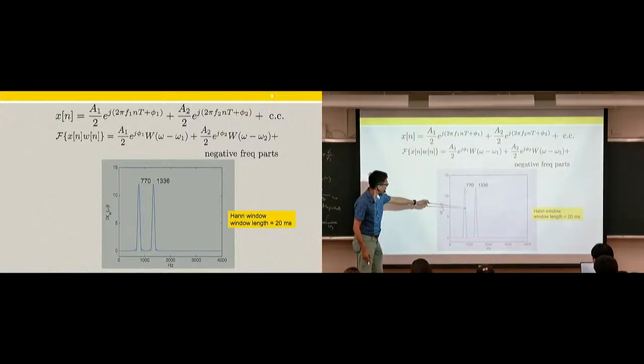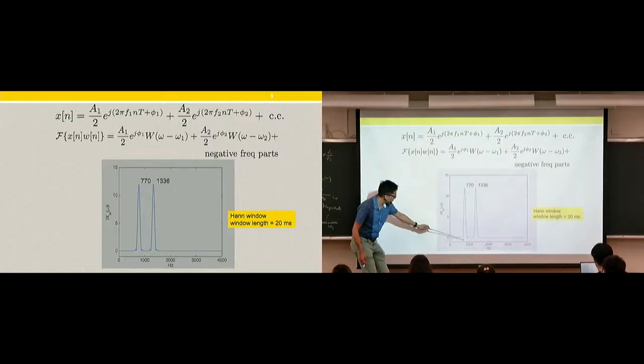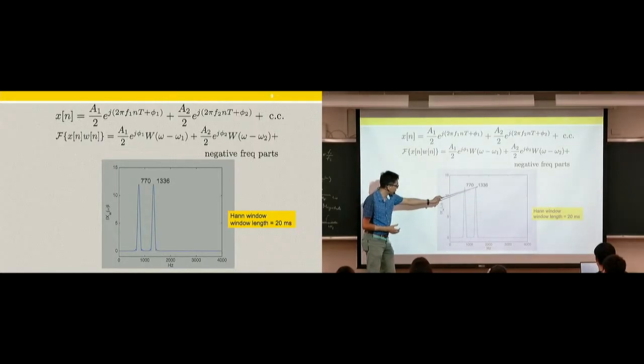But otherwise, we see two big components. One big one located at omega 1, which, if you convert the frequency axis back to hertz, must be around 700 something, right? You can see a big main lobe right there, and another big main lobe right there near the intended frequency.